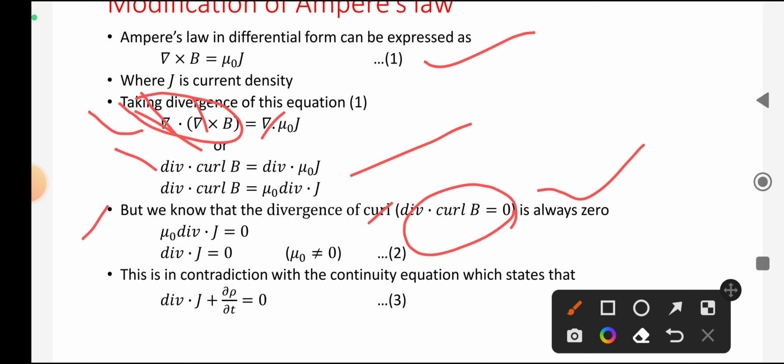It is always 0. So divergence of curl is 0, so this term is 0. Then this is equal to 0.